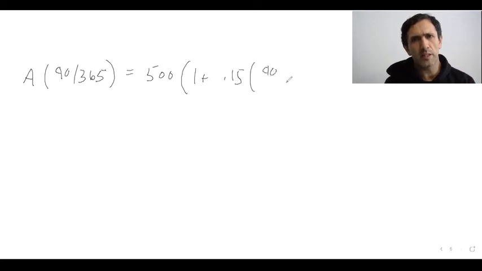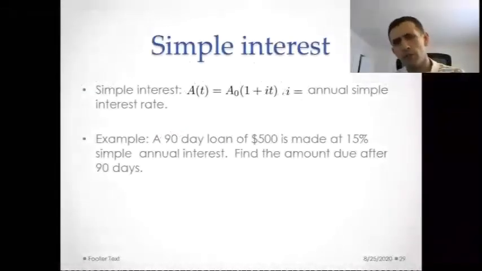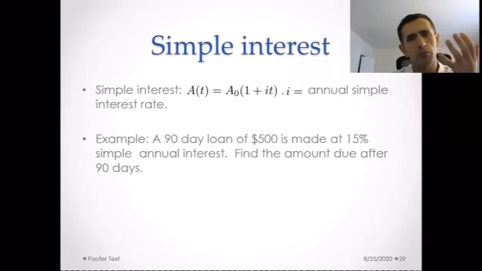That's what 90 days is in years. Just plug this into your calculator. You get $518.49.